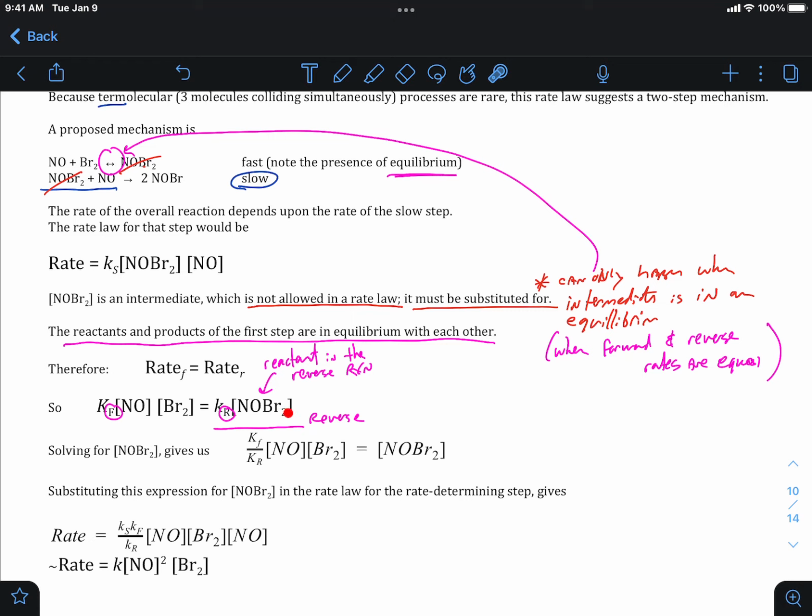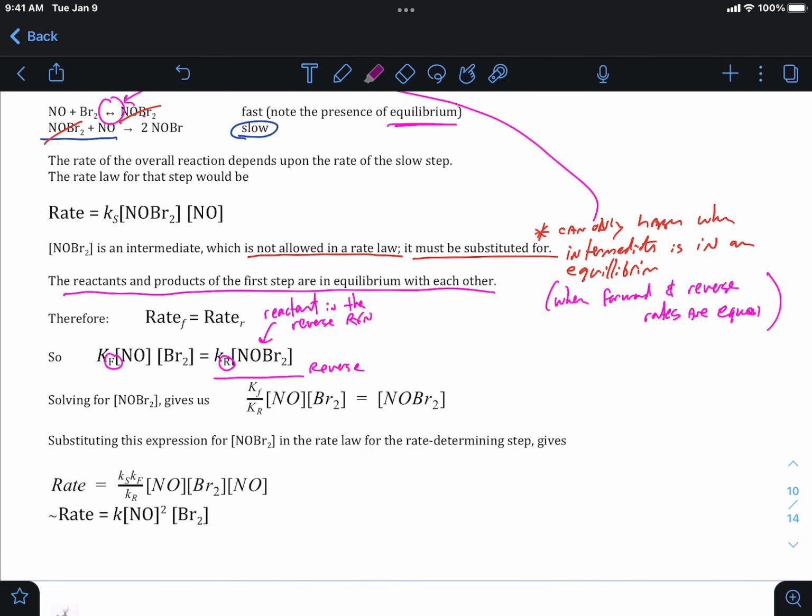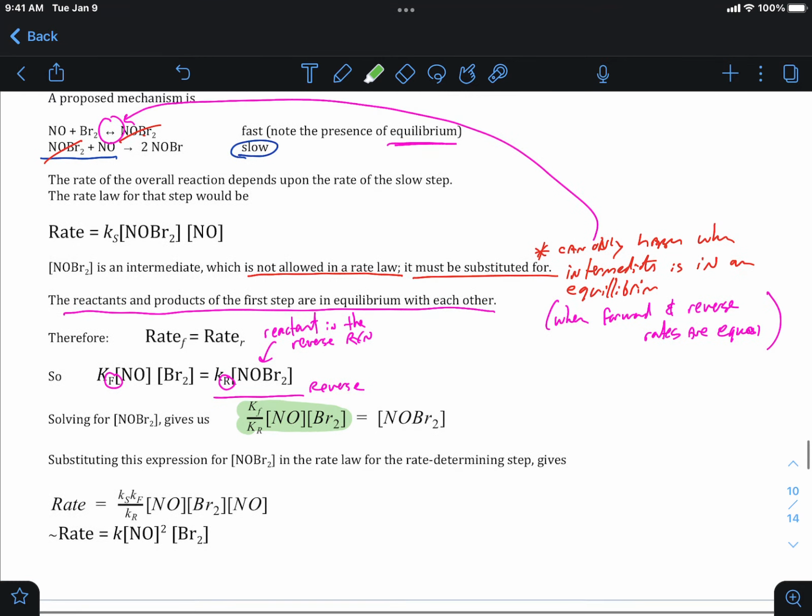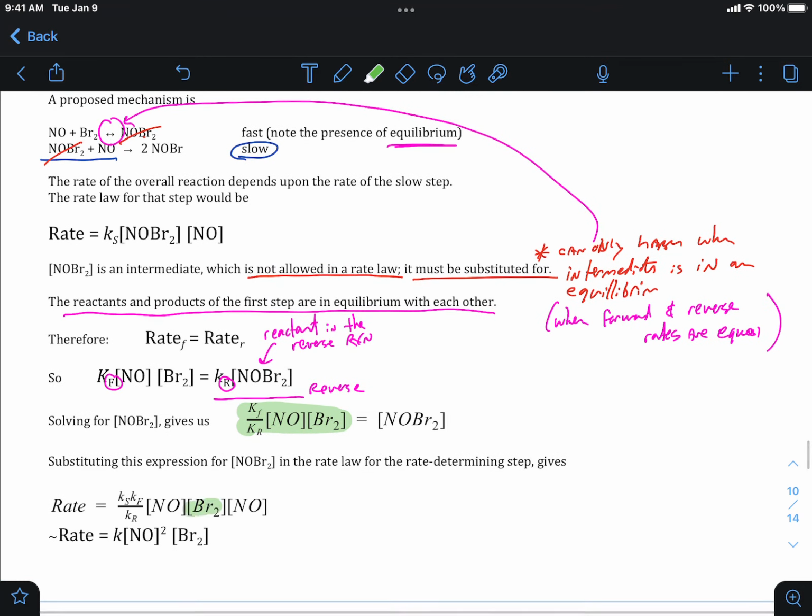And this was the intermediate, which cannot be used because it is canceled, but we can substitute with this instead. So that's what we're going to do. We're going to take this, and we substitute it in. Okay, do you see how the original rate law had NOBr2? Well, we can't use NOBr2. We're going to use all of this instead.